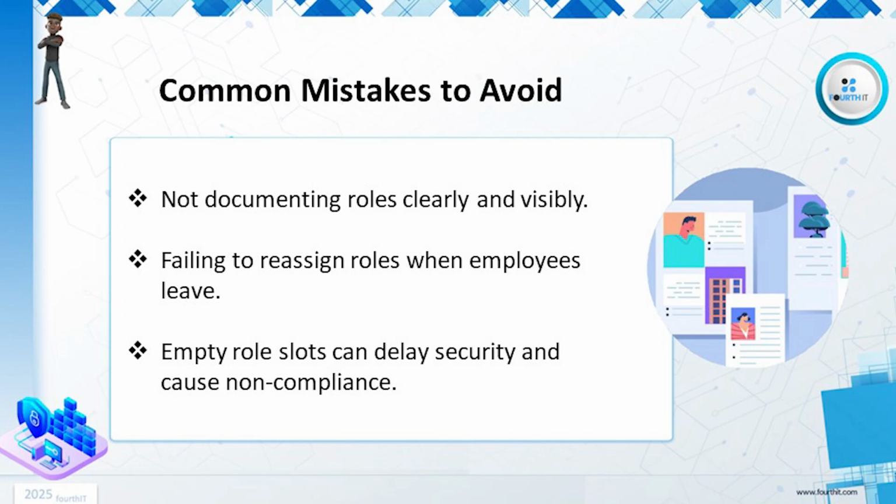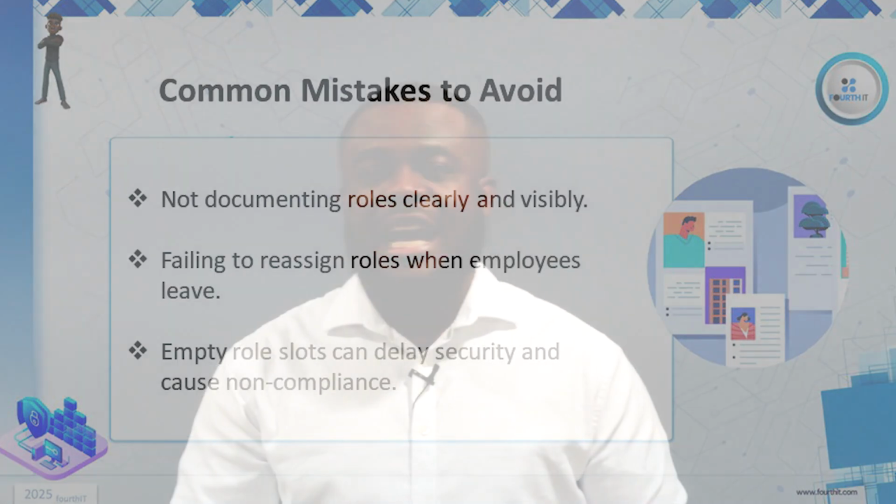Assign the person, give them a name, and use role and responsibility matrix charts that everyone can see in your organization. And the second one is not updating assignments. If an assigned person leaves, their role should be reassigned immediately. It is especially important before an audit. An empty role slot can delay security tasks and cause non-compliance when the auditor comes.